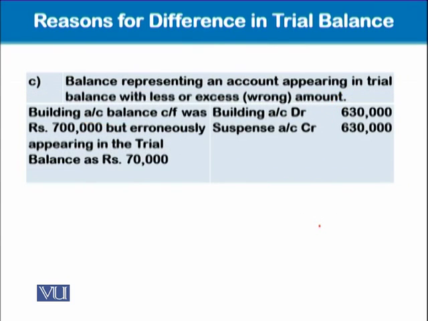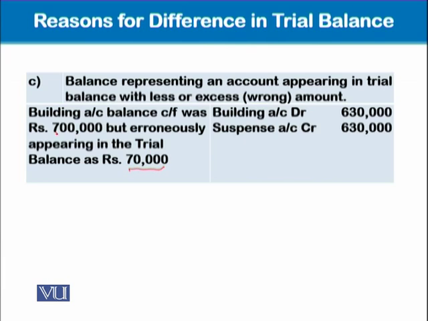Then comes a balance representing an account appearing in the trial balance with less or excess or wrong amount. Okay, so building account balance carried forward was 700,000, but erroneously it is appearing in the trial balance as 70,000.